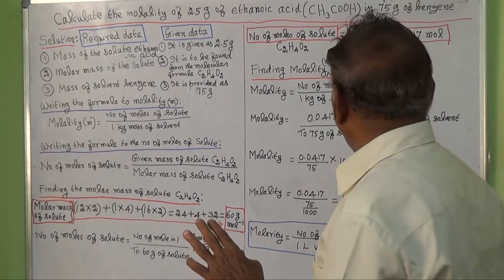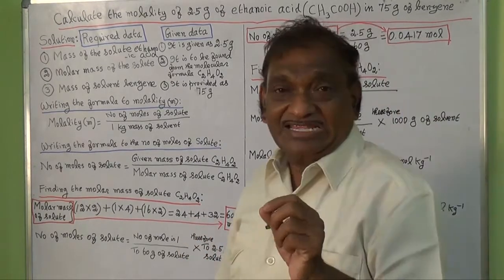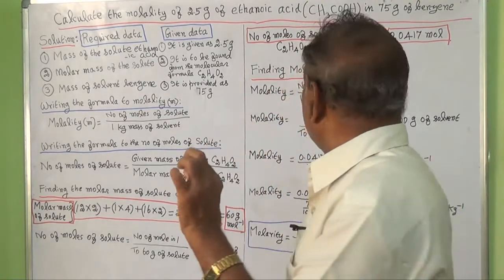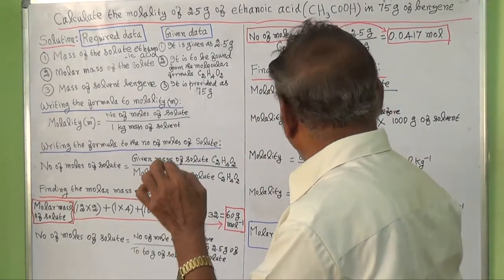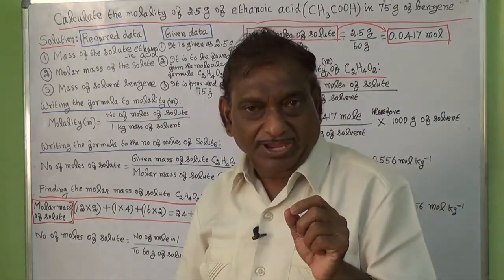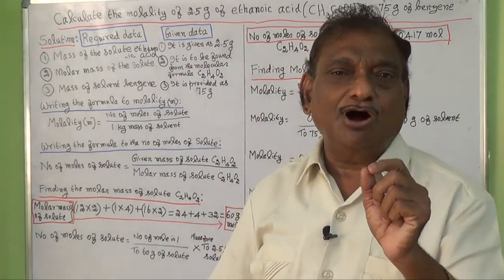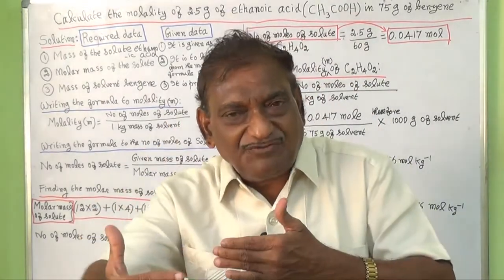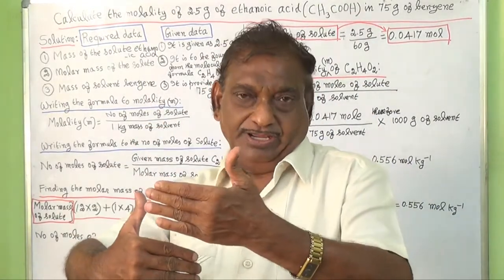The denominator, the given 75 gram of solvent, that is benzene, is converted into kilogram. If we convert the 75 gram into kilogram, we have to divide the 75 gram by 1000.